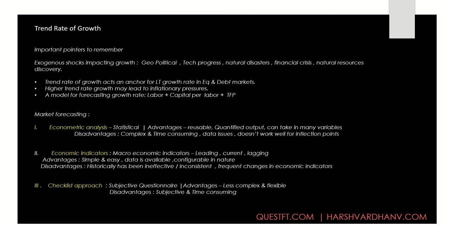The checklist approach is a simple thing wherein there is a subjective questionnaire about the economy overall, the factors impacting output, the growth factors, the factors which can inhibit growth, what the inflation could be. It's a checklist, a scoring approach, which allows us to forecast the market. Based on your market survey, they predict what the market forecast could be.